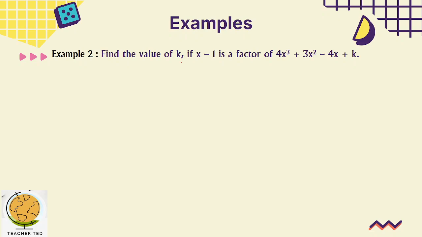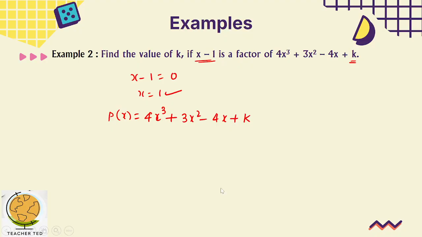So there is one more problem. You need to find the value of k here, and the factor is given. You know that x minus 1 is equal to 0, so x is equal to 1. Substitute x equal to 1 in the following polynomial, p of x is equal to 4x cube plus 3x square minus 4x plus k.